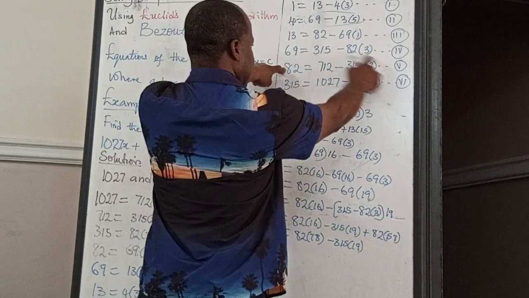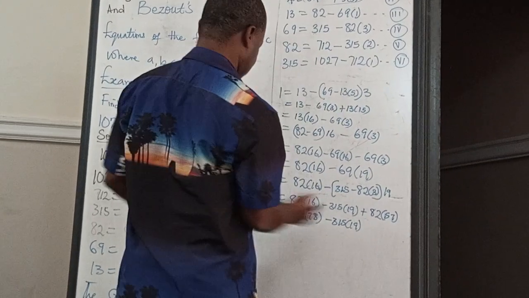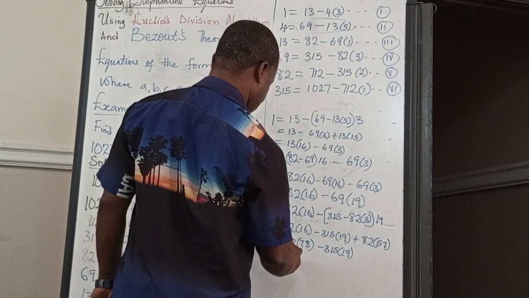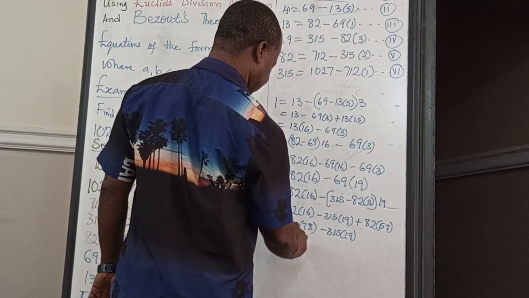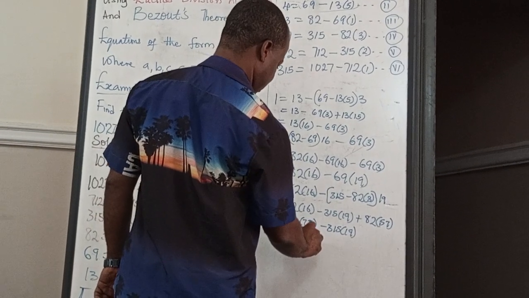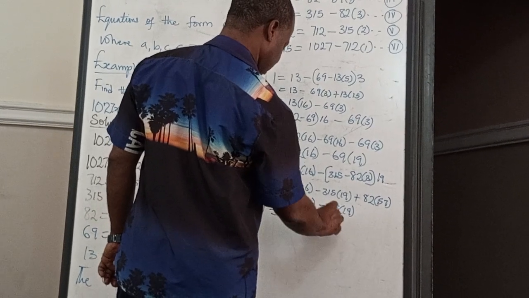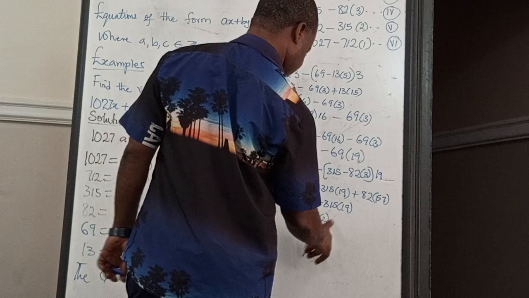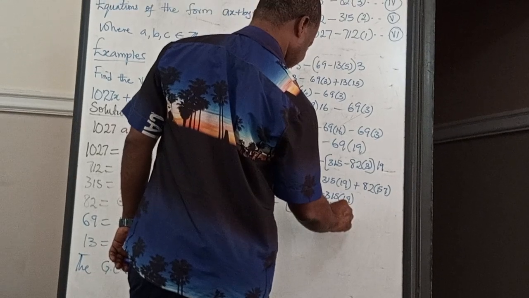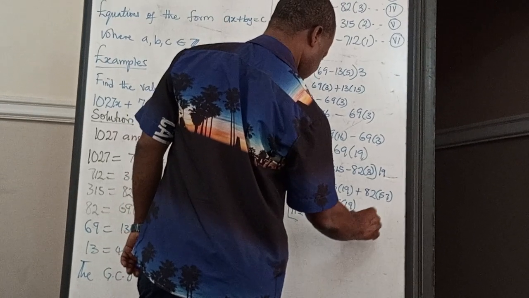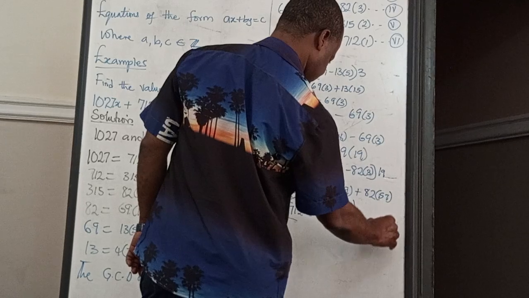So you're going to plug this in place of 82 here, so that we have 1 is equal to, where you're supposed to have 82, we have 712 minus 315 of 2. Now, the 73 here will follow. So we have 73 minus 315 times 19.